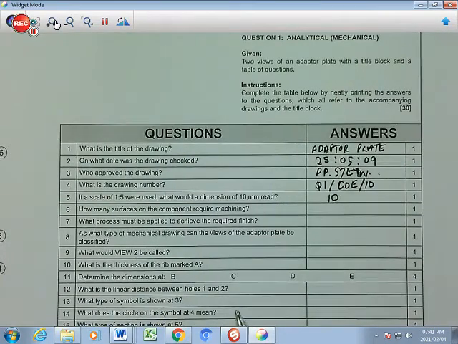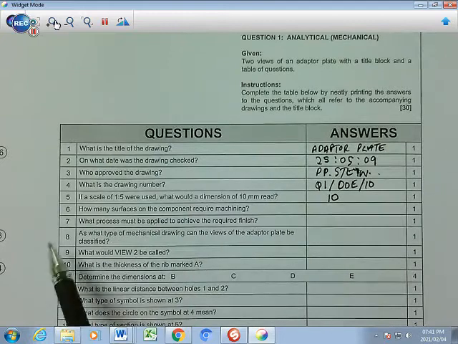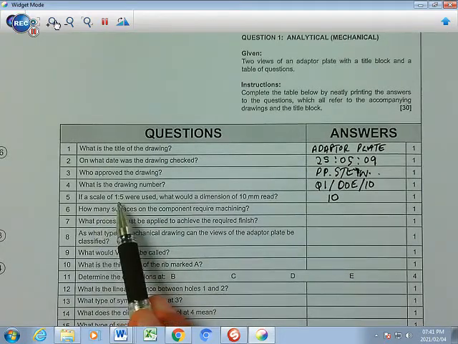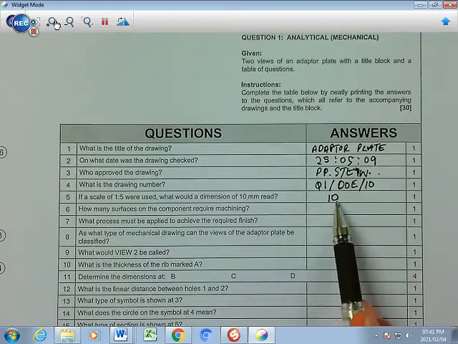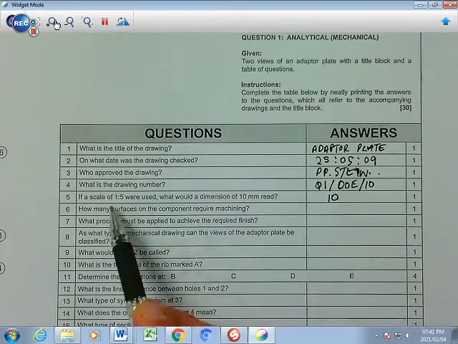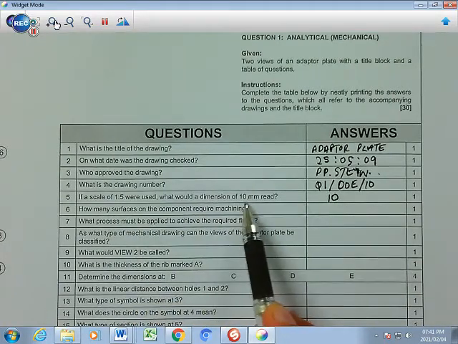I repeat, the size on the component remains the same. The scale changes from drawing to drawing. Okay. So whatever they ask you here, you will write in the same number as requested to be changed.